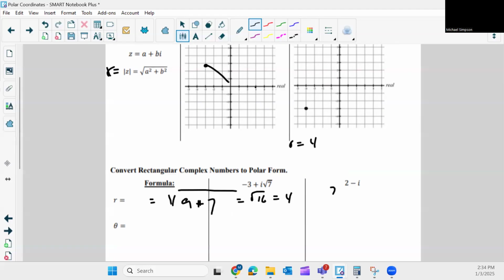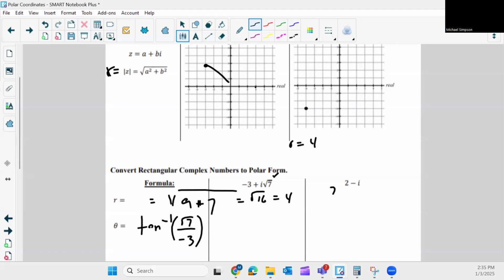Now the angle, remember what we did in real numbers. Angle is equal to tangent inverse of y over x. This is the y value, so it's going to be the square root of 7 over the x value, which is negative 3.